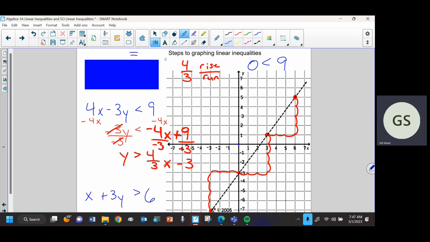That's what I would get if I plugged in 0 for x, 0 for y. Again, I'm testing this spot. That's why I'm saying x is 0, y is 0, because that's what they are at that spot right there. Is that a true statement? Is 0 less than 9? Yeah, absolutely. If it's a true statement, then that's the side we shade. So I'm going to shade this side.